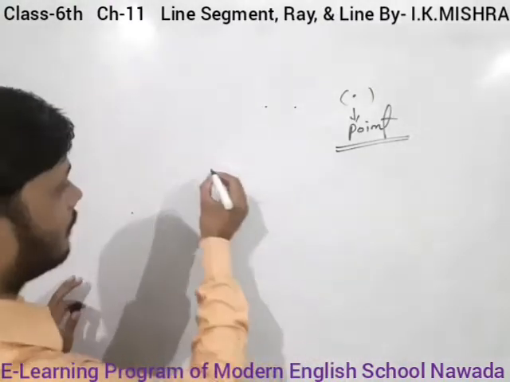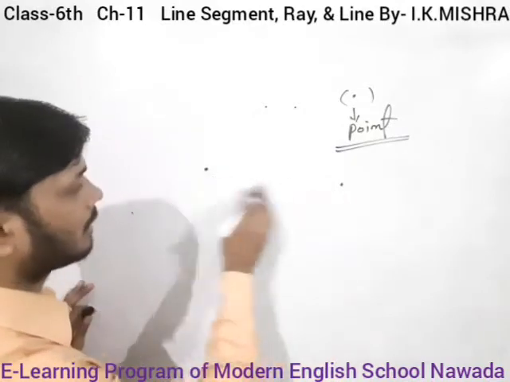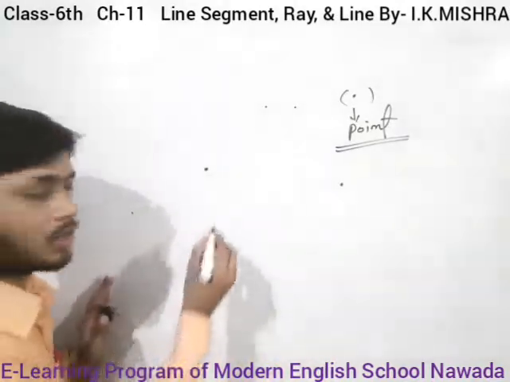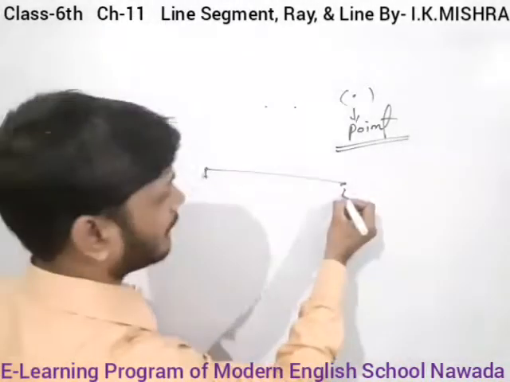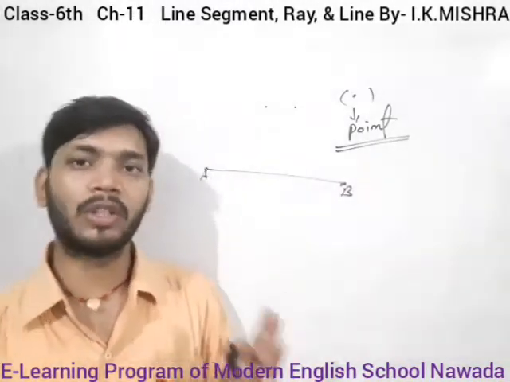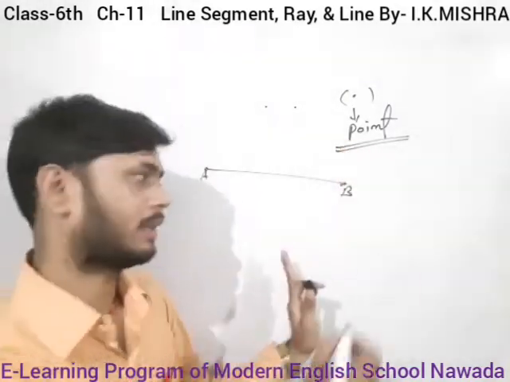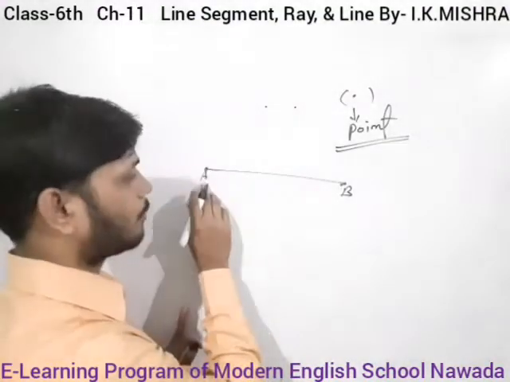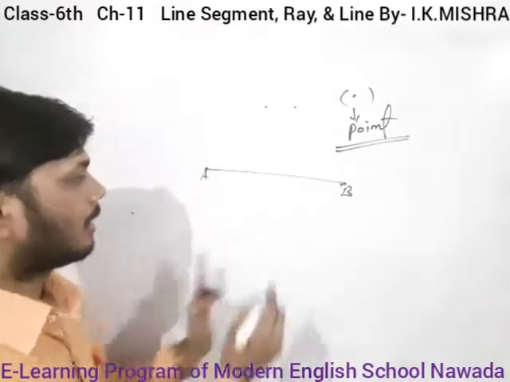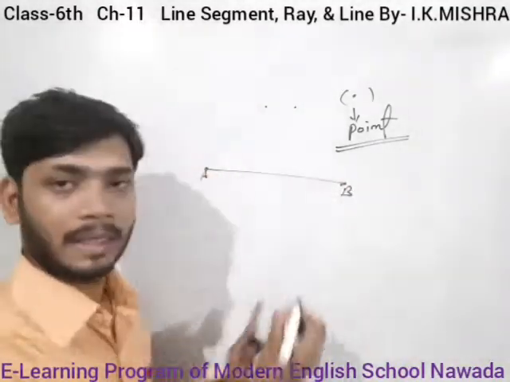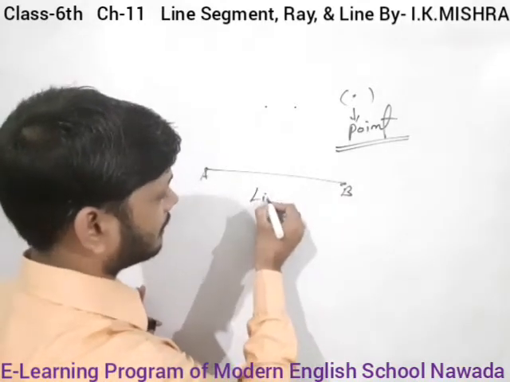Friends, here this is a plane and here I denote 2 points, and a straight path between these points. Here A and B are 2 points, and students always know point is denoted by a capital letter or any letter only. Here A is a point, B is a point, and the straight path between A and B is known as line segment.